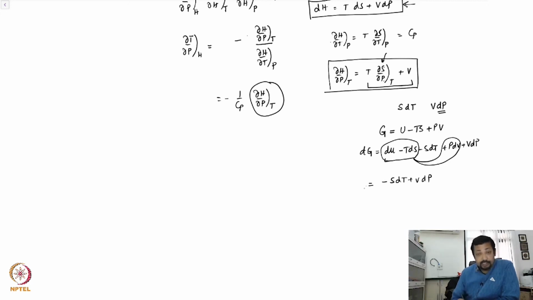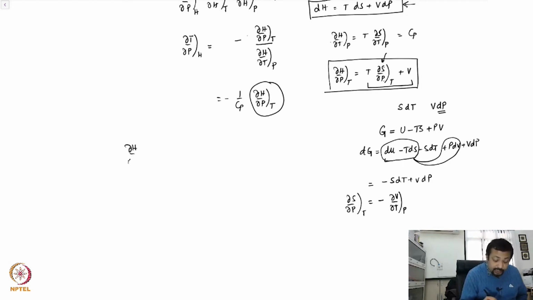You immediately see the Maxwell relation is del S del P, temperature held constant, is minus del V del T, pressure held constant, and del V del T pressure held constant is a derivative we are familiar with because it relates to the expansion coefficient of the gas.